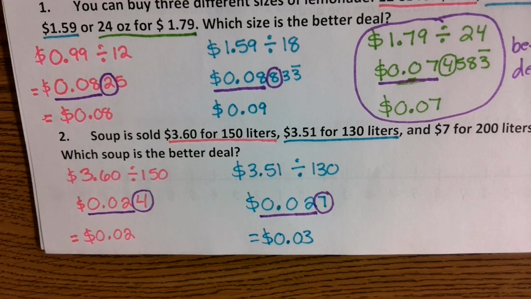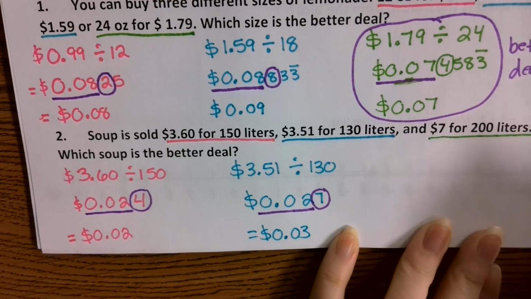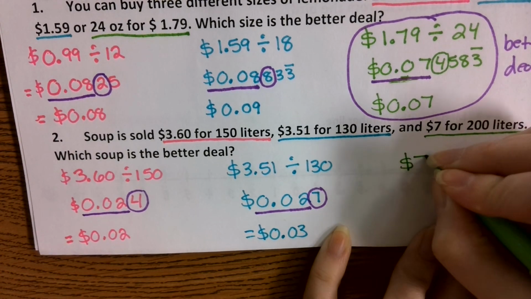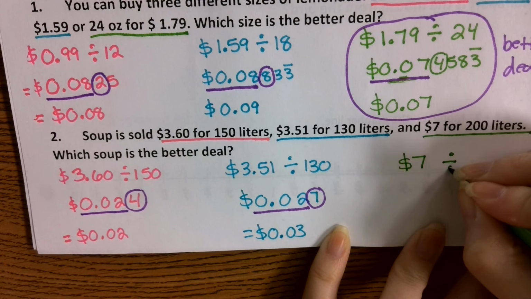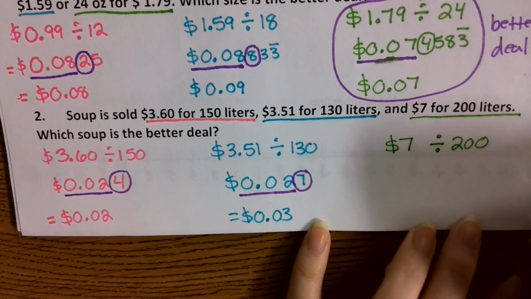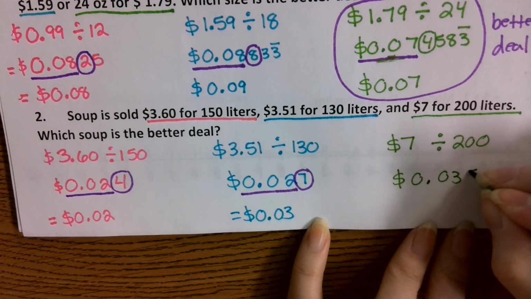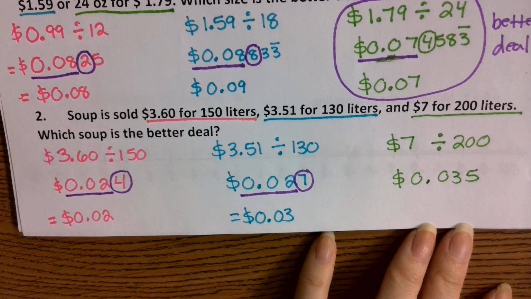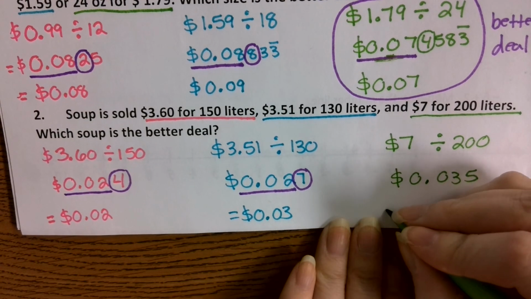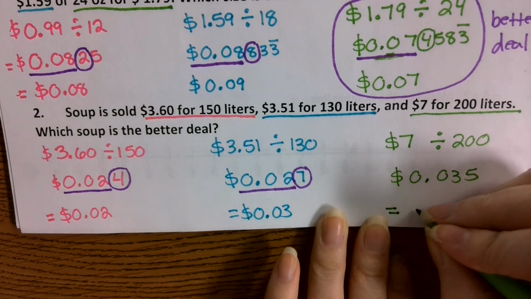Okay, let's take a look at the last one. Our last one is $7 for 200 liters. So we're going to do 7 divided by 200. That's going to come out to 0.035. What's that going to estimate to? 0.04, right?